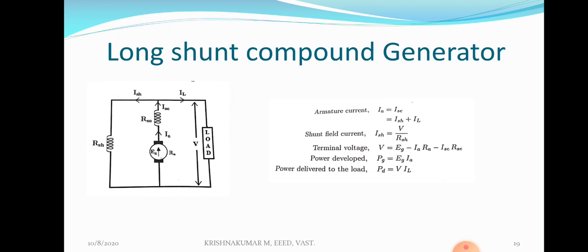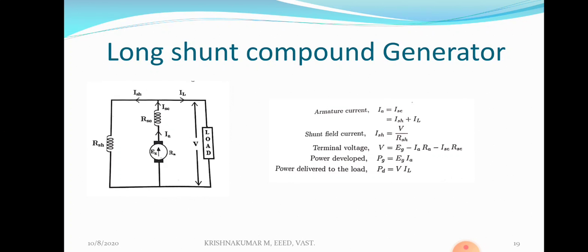The shunt field current ISH is equal to V by RSH, because the voltage available across the load is V, and the shunt field and load are in parallel. In a parallel circuit, voltage is the same. So the shunt field current can be found out by ISH equals V by RSH.